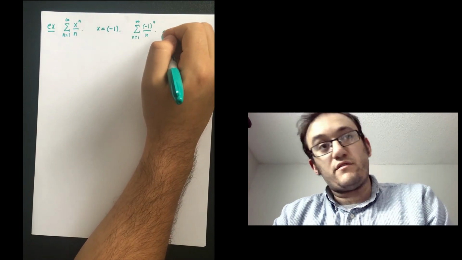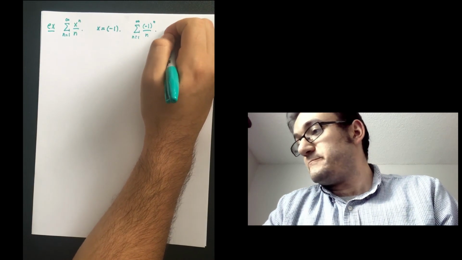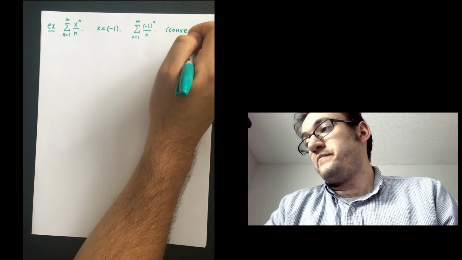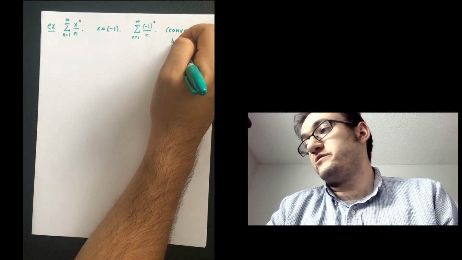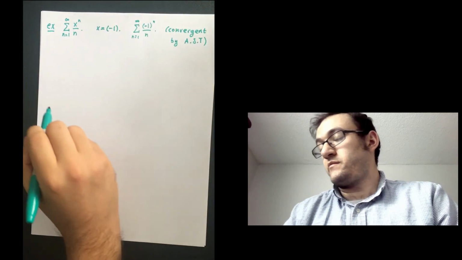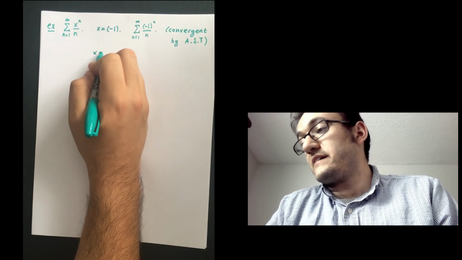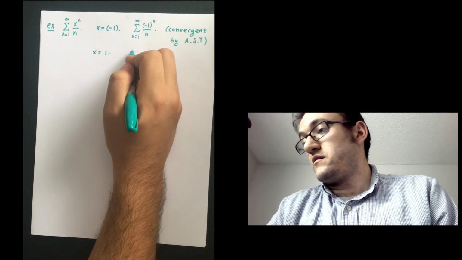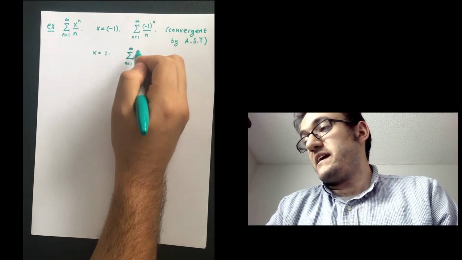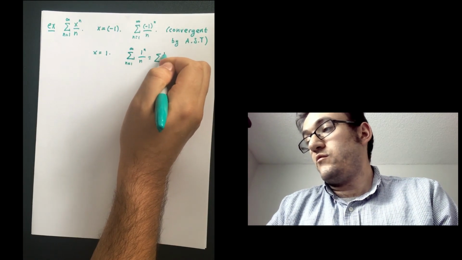Okay, and if you recall the rules regarding the alternating harmonic series, this is a convergent series by the alternating series test. Whereas if I put x equals 1 in, the series that I get out will be 1 to the n over n, which is just 1 over n.